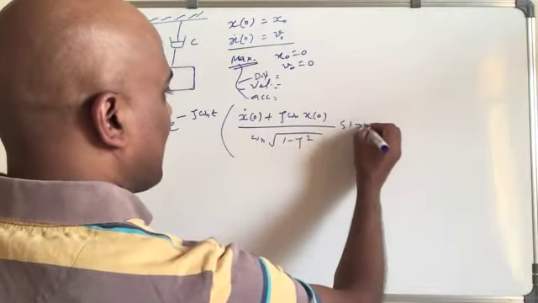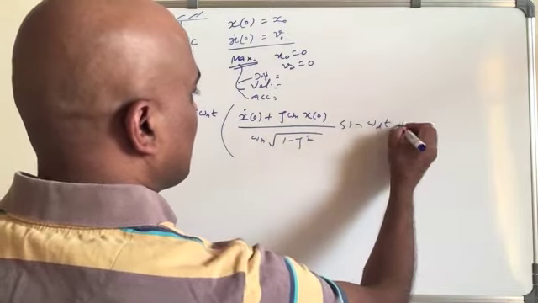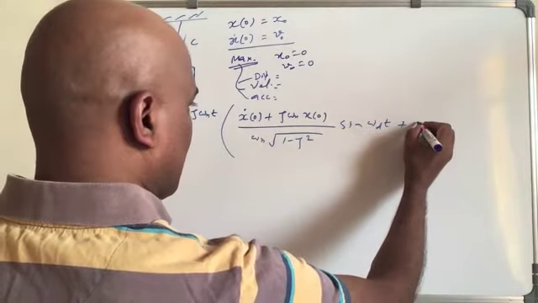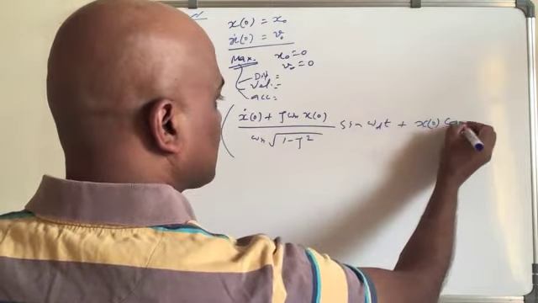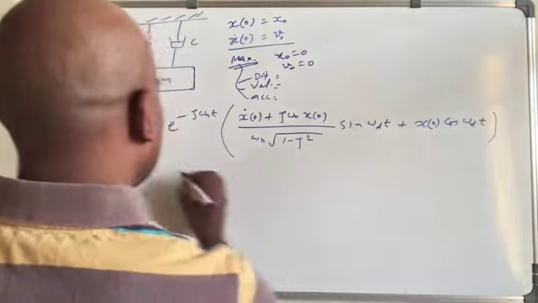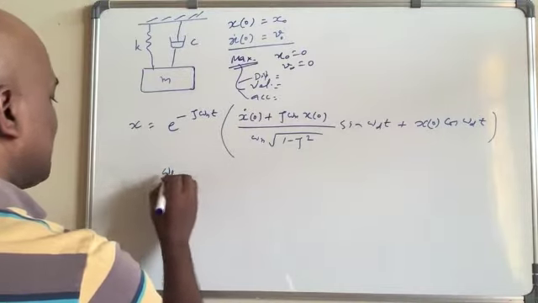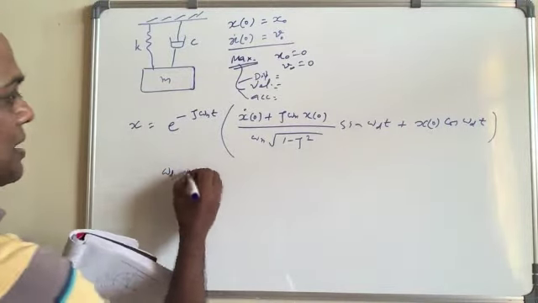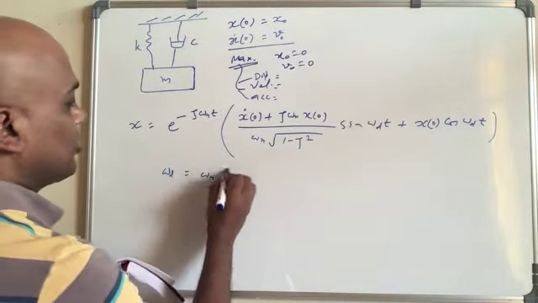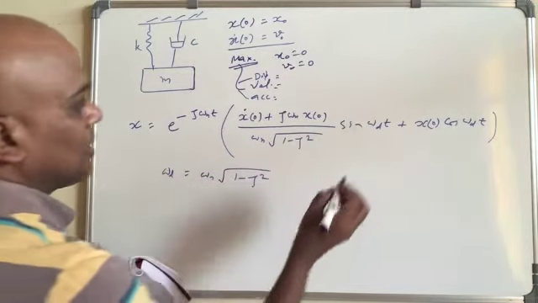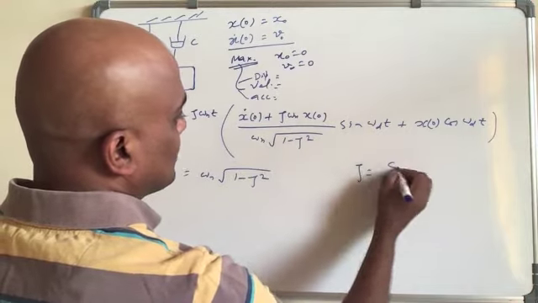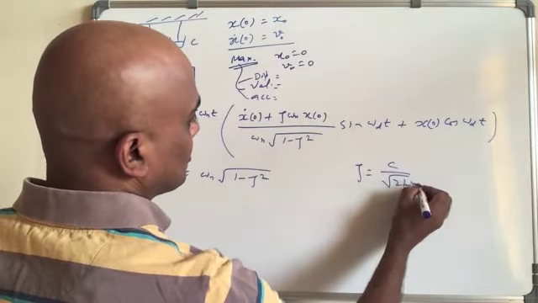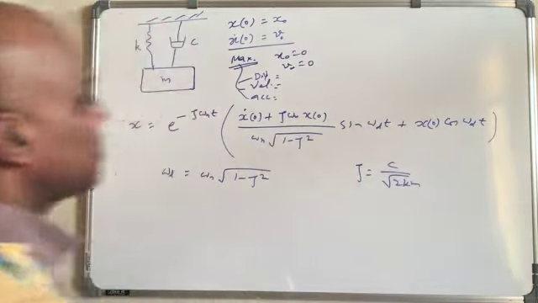Okay, and then we have sine omega d t plus you have x at t equal to 0 and cos omega d t, where omega d is nothing but omega n root 1 minus zeta square, and where zeta is equal to c over root 2 km, right? So it's like this, yeah.